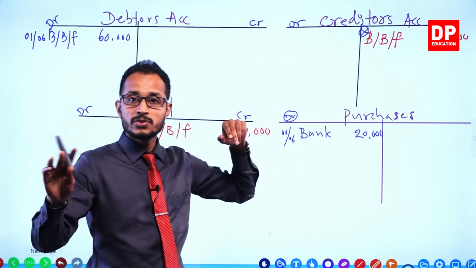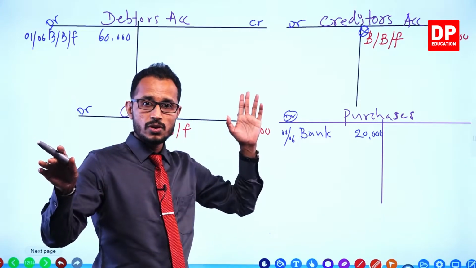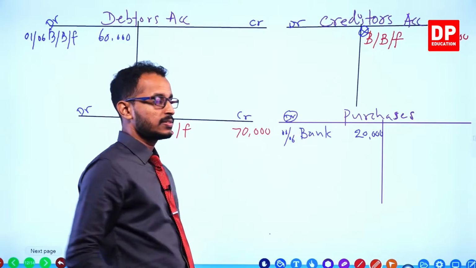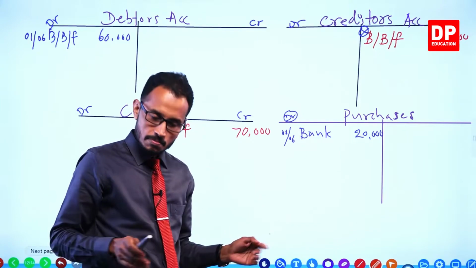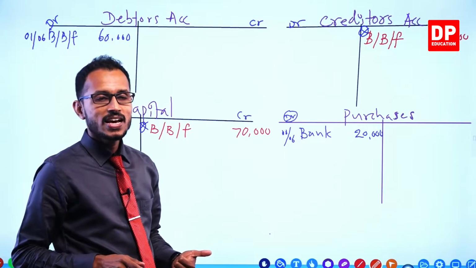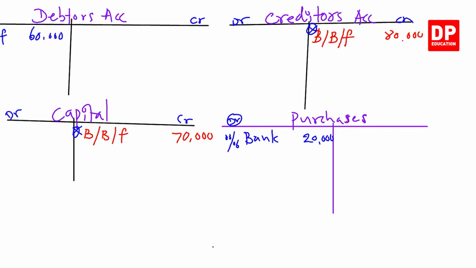We're not going to do anything to him. We're not going to scold him or blame him. But we are going to credit his account. 15th of the month, bank, $12,000.